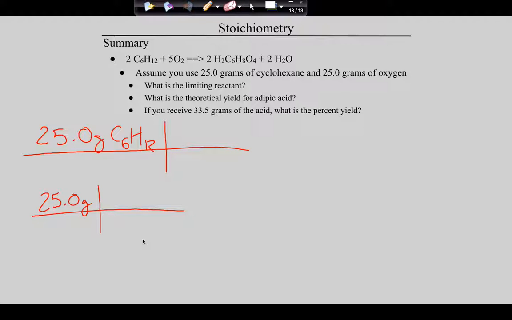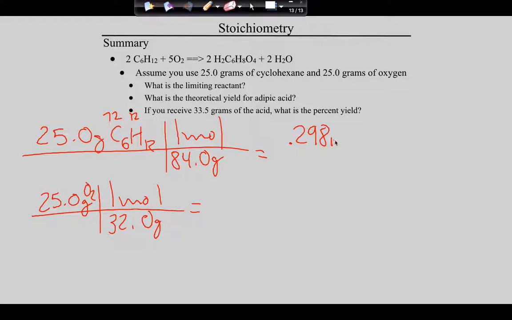In order to do this, 72 and 12, 84. So this is 84 grams in 1 mole. This is O2, so that's 32 grams in 1 mole. Can you help me with the math? 0.298 moles. And then what about here?